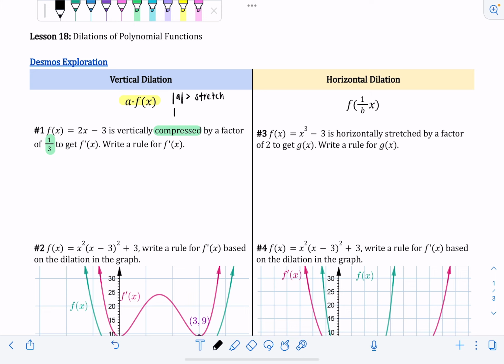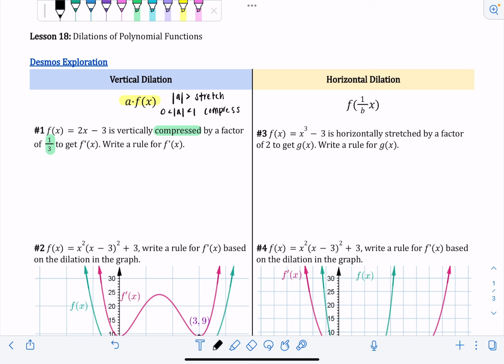If the absolute value of a is less than 1 but greater than 0, it's compressed, or it's a shrink, but compress and shrink are the same thing. We use the absolute value here because if it's negative, then it would just be a reflection. For example, if I said a was -2, that's technically less than 1, but it wouldn't be a compression. It would be a reflection with a stretch.